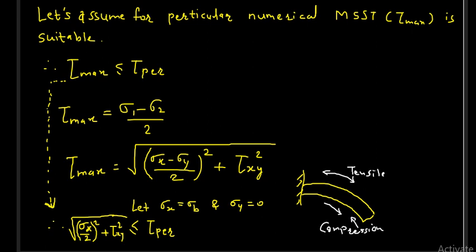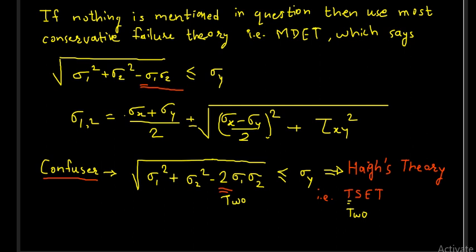There are actually 5 failure theories for design under static loading condition. If nothing is mentioned or given in the question, then we use the most conservative failure theory under static loading condition, which is nothing but the maximum distortion energy theory.